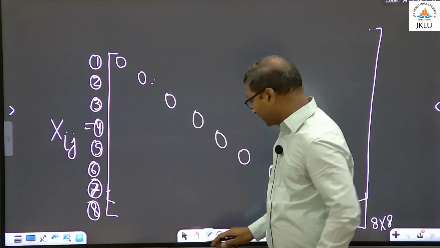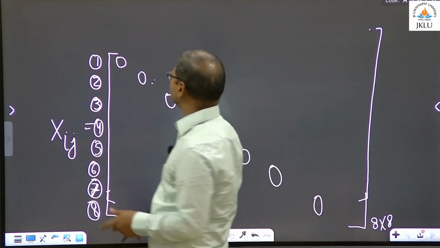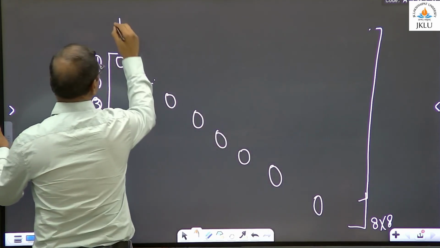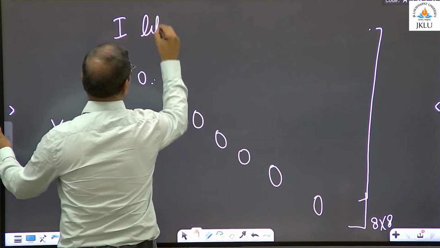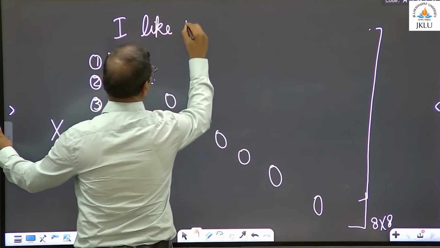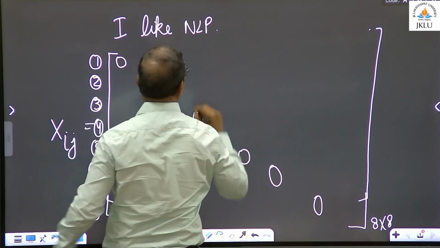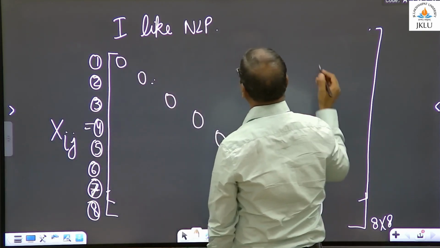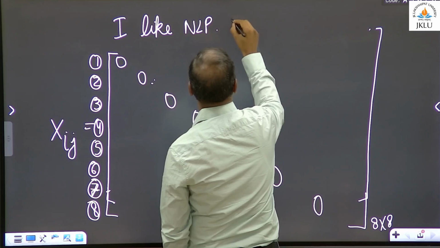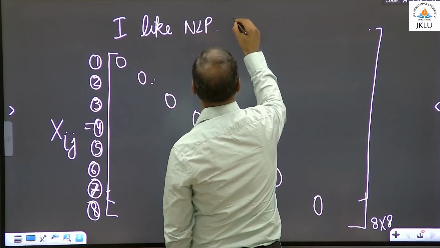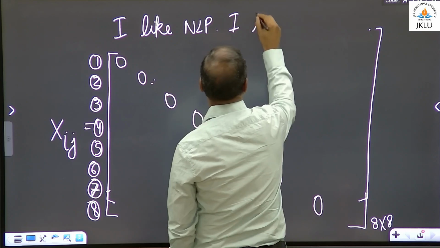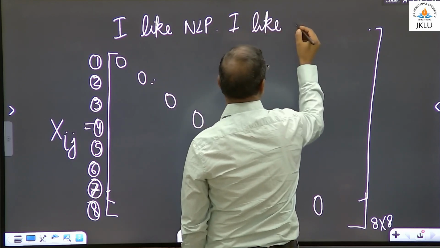Give me a couple of sentences. So, that same old example: I like NLP, I like deep learning.